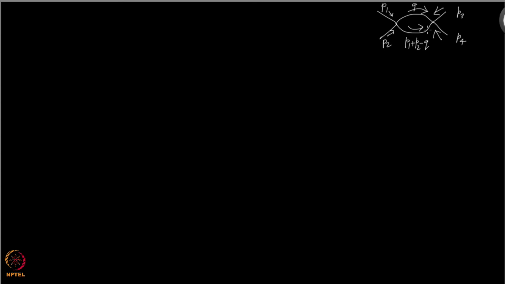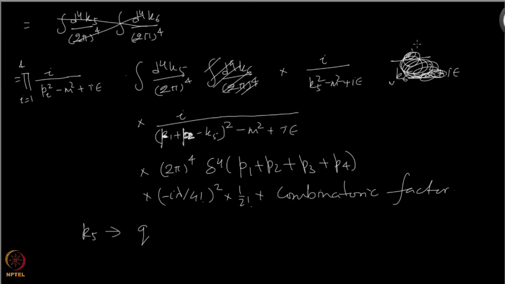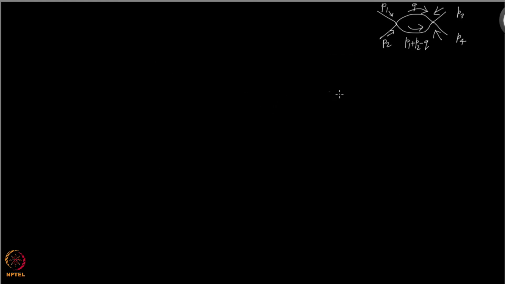Okay, so this is what goes in here, and that's why you have this thing p1 plus p2 minus q. Its k5 has become q. Okay, so you see that all the momenta on the propagators in this diagram have been completely fixed except for one, the q, over which you still have an integral, and the result is the following.